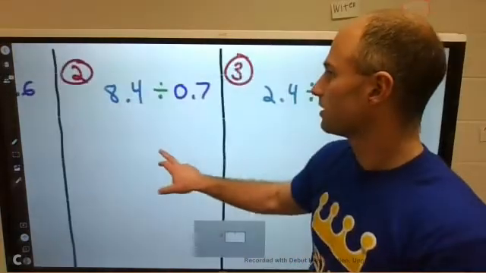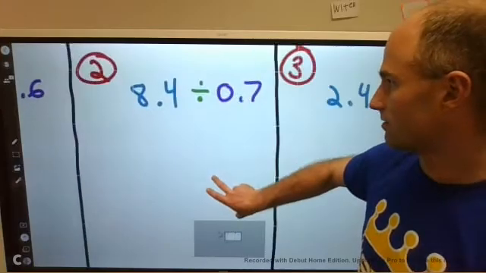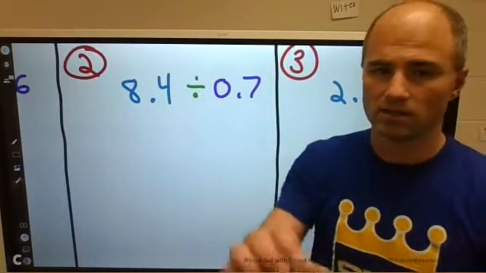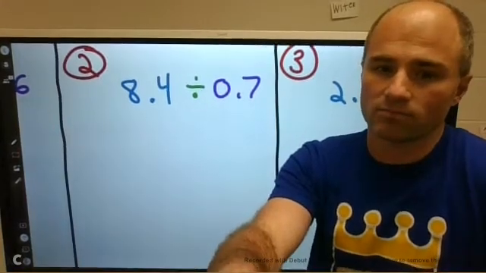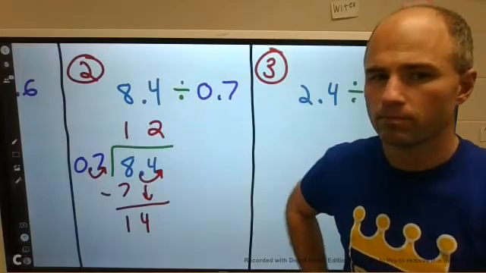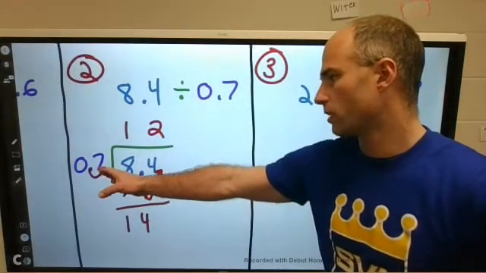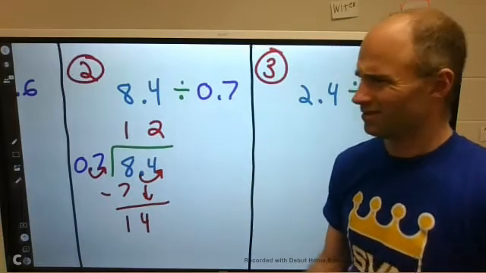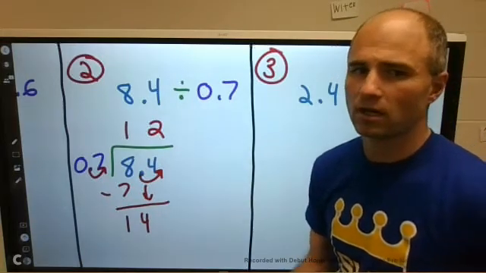All right. Number 2, give it a shot. 8 4/10 divided by 7/10. Hit the pause button and do that now. Did I stump anybody this time? Because once you shifted, you said, wait a second, 7 goes into 84? It's past 70.